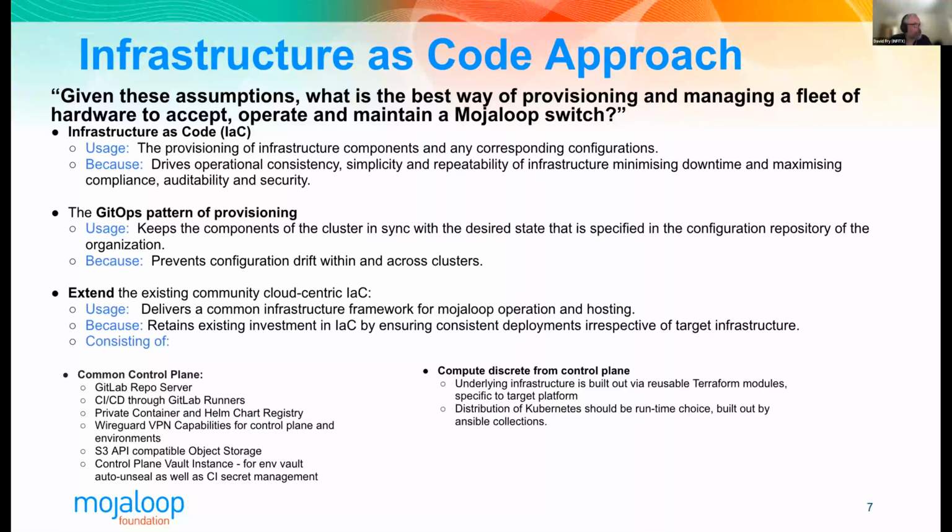GitOps, this is more interesting, and it does touch on the operator pattern because GitOps, in essence, is an operator that is constantly looking at a GitHub repository or repositories as the source of truth of what needs to be deployed into a Kubernetes cluster. And it keeps the cluster in sync with the desired state. And that desired state is committed to a repo or a series of repos.